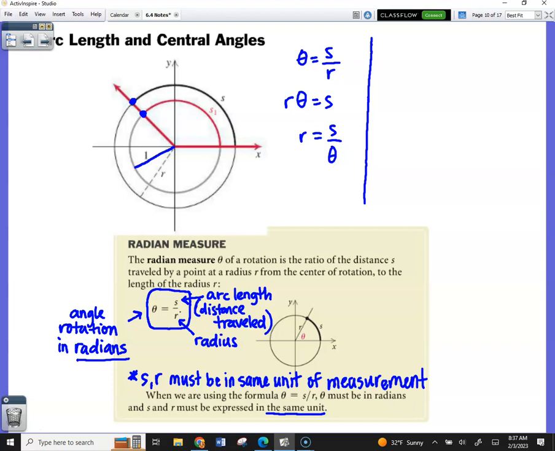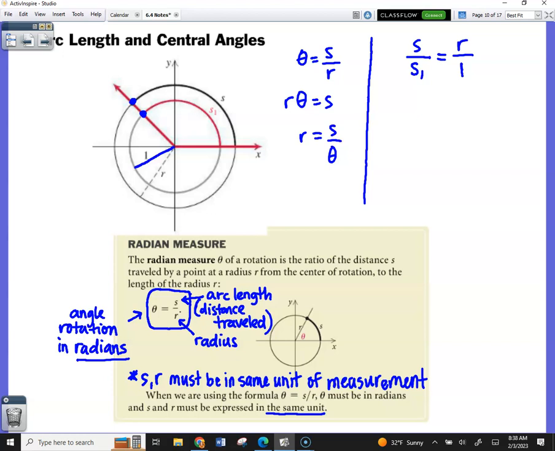So S is proportional to the S sub 1 because they're the same concept, just like R is proportional to 1 because R is the radius of the bigger circle and 1 is the radius length of the unit circle, right?